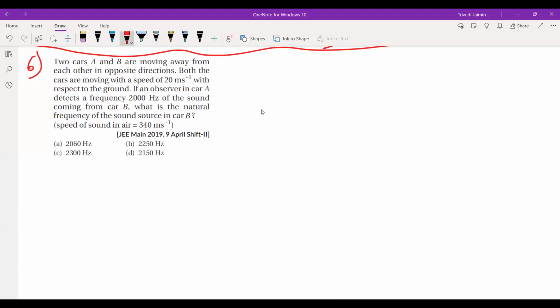So if you don't know the formula, let me write that. f naught equals f times (V plus V naught) divided by (V minus Vs). What is V? Speed of sound, that is 340.